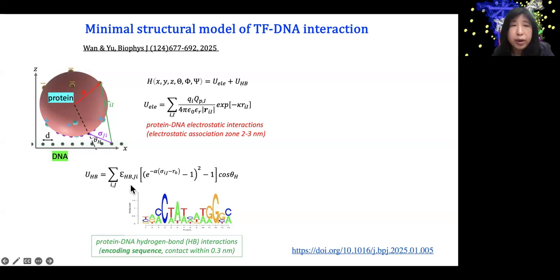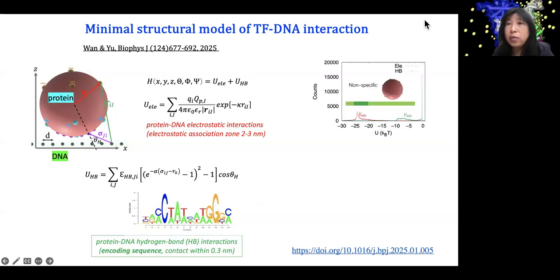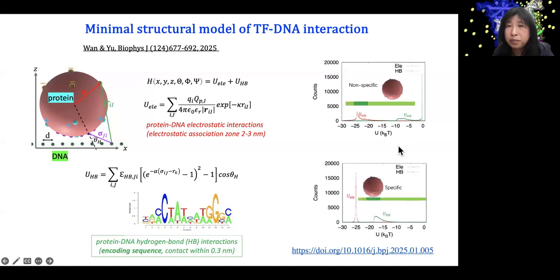Since we cannot really evaluate the hydrogen bond energetically, we use this position weight matrix measured bioinformatically to decide on particular sites, that is, which base among C, T, A, G is preferred. This specific interaction is sub-nanometer range. So correspondingly, the non-specific interaction and the specific interaction are distinguished mainly by this hydrogen bond interaction.